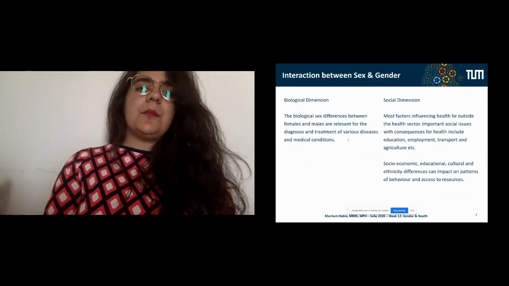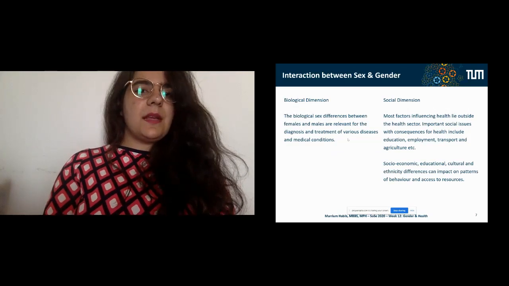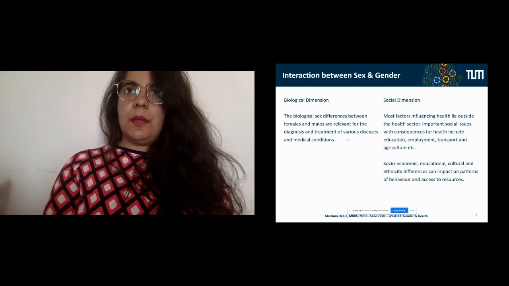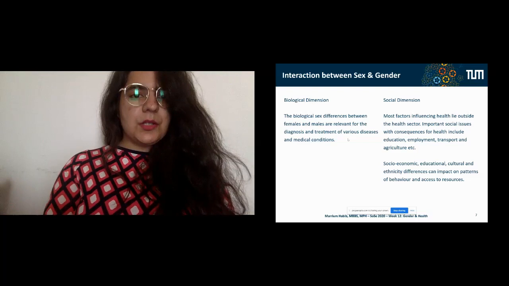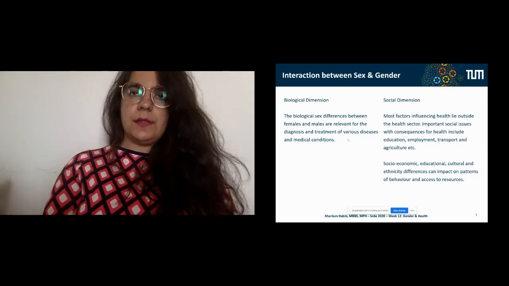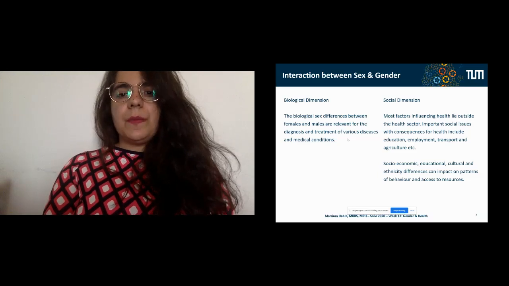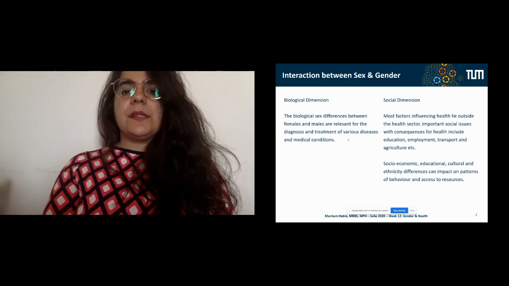Of course, the interaction between sex and gender encompasses that sex has a biological dimension, which is the differences between males and females that are purely physical and are relevant for the diagnosis and treatment of various diseases and medical conditions. The social dimension, which encompasses gender, has the factors that influence health that lie outside the biological constraint.